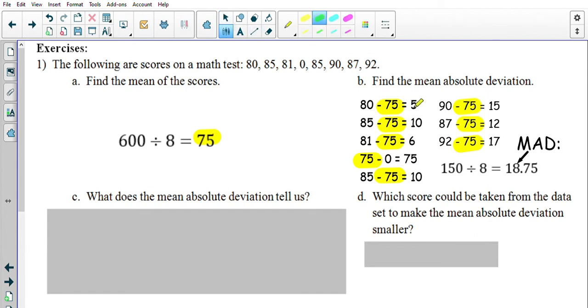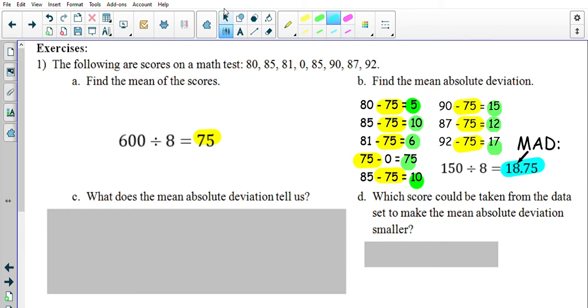So I'm going to add this guy, this guy, this guy, this guy, this guy, this guy, this guy, and this guy together to get a total sum of 150. So when I add all these green dots together, I get 150. Divide by 8, since I still have 8 differences as I had 8 numbers, so you'll always be dividing by the same thing. And 150 divided by 8 gets me a mean absolute deviation of 18.75.